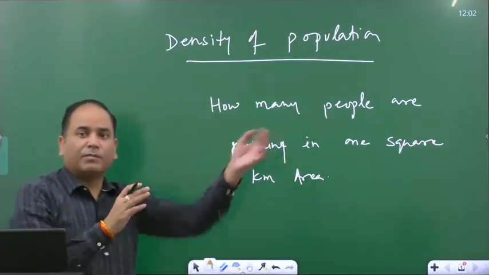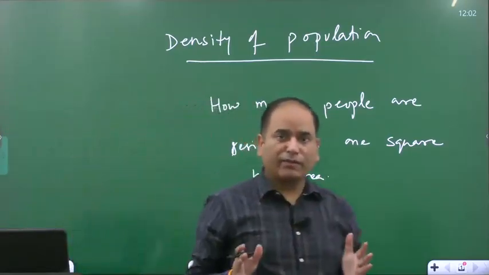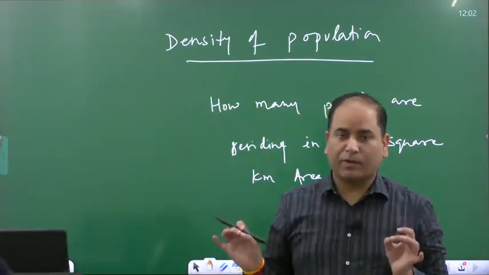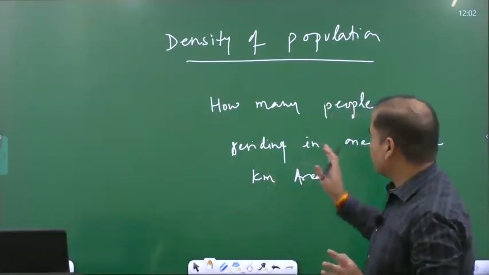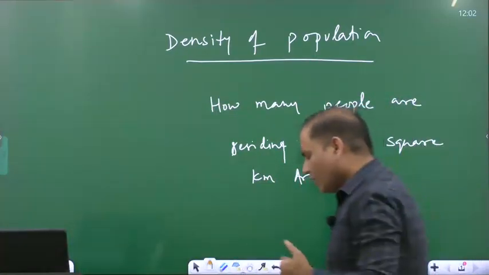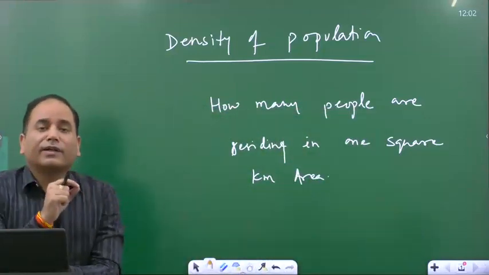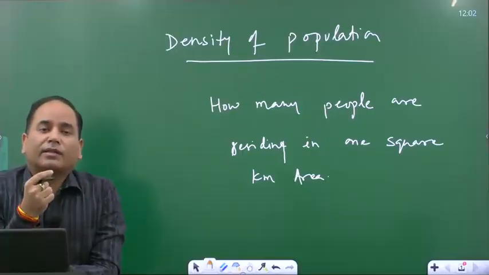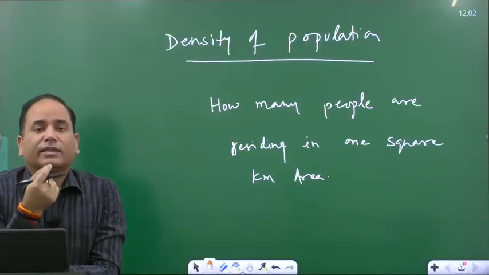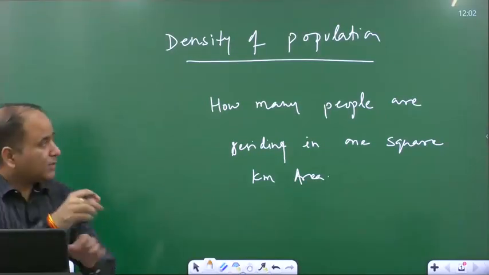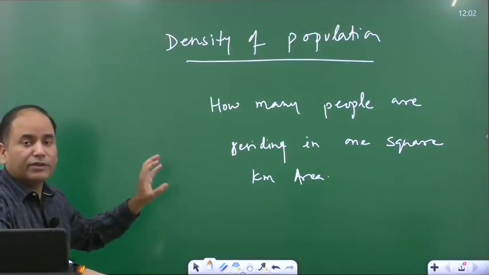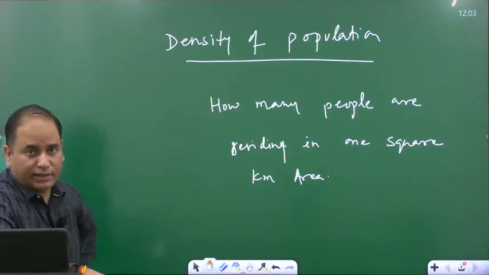So the number of people living in a square kilometer area is simply referred to as population density, or simply density of population. As far as density is concerned, we have different methodologies to measure the density. This method is also referred to as arithmetic density.